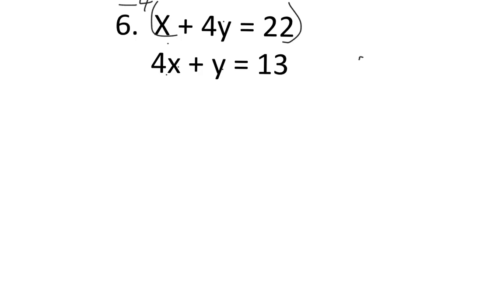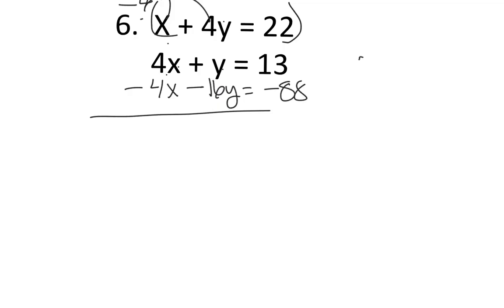So my new equation, negative 4 times x is negative 4x. Negative 4 times 4y is negative 16y. Negative 4 times 22 is negative 88. These cancel. y minus 16y is negative 15y.